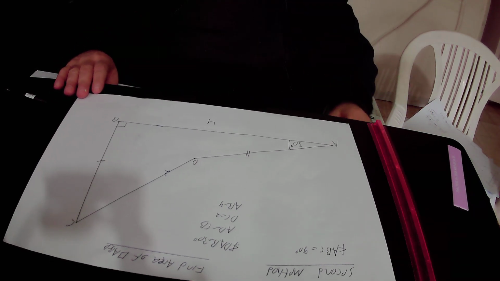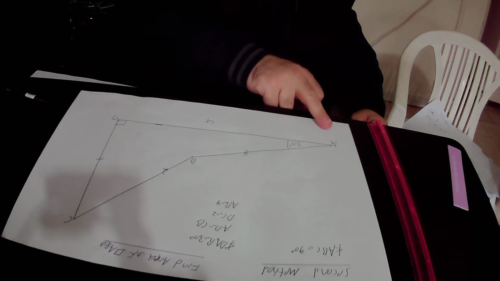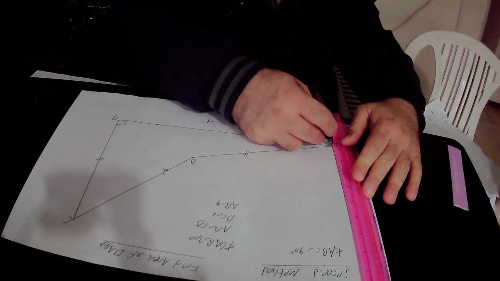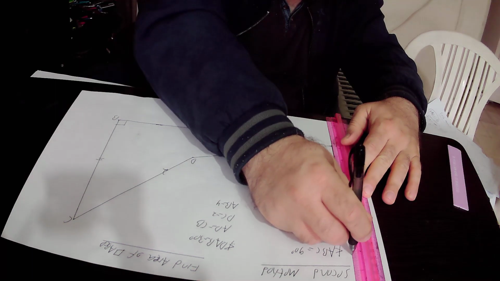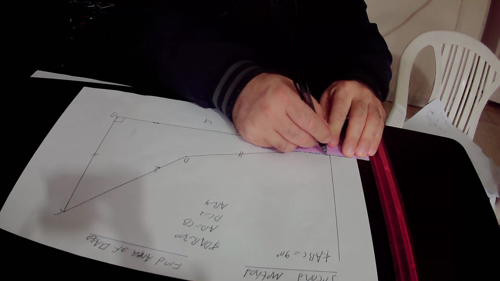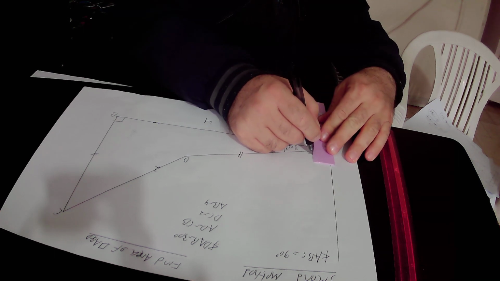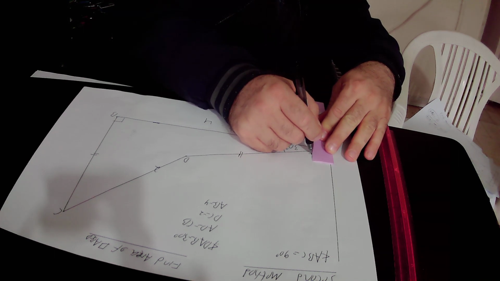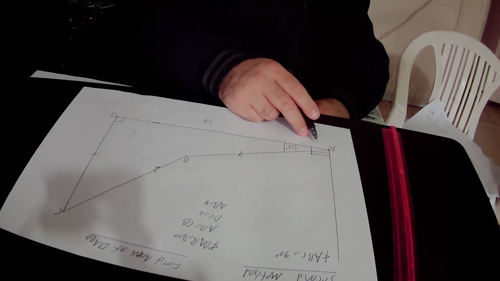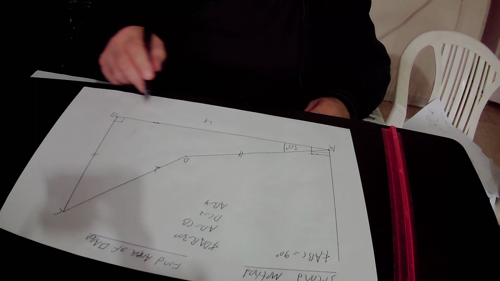In the second method, we will do another construction. From point A, we will go perpendicular to AB. So this angle is a right angle, that is to say it equals 90 degrees. This is a right angle because we drew a perpendicular from point A to AB.